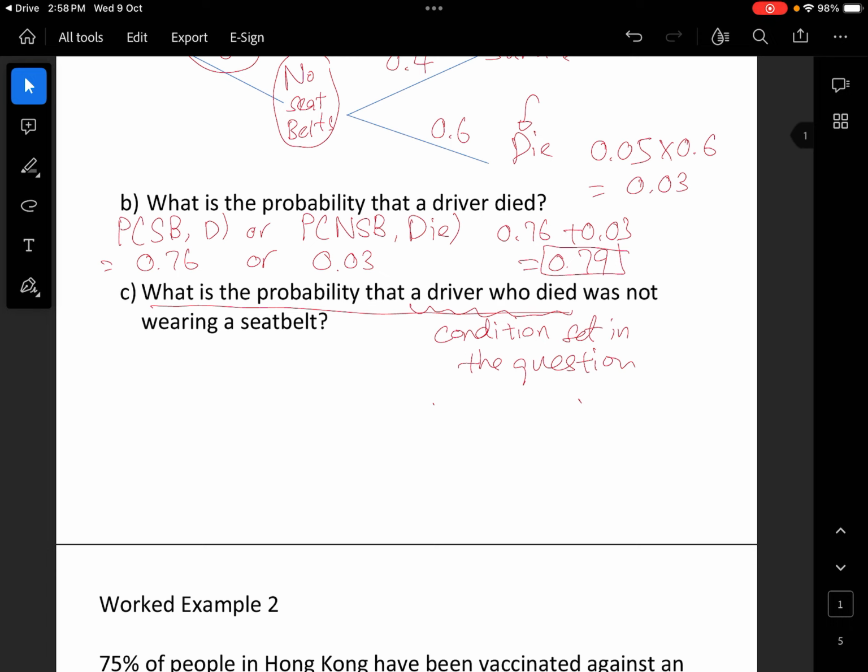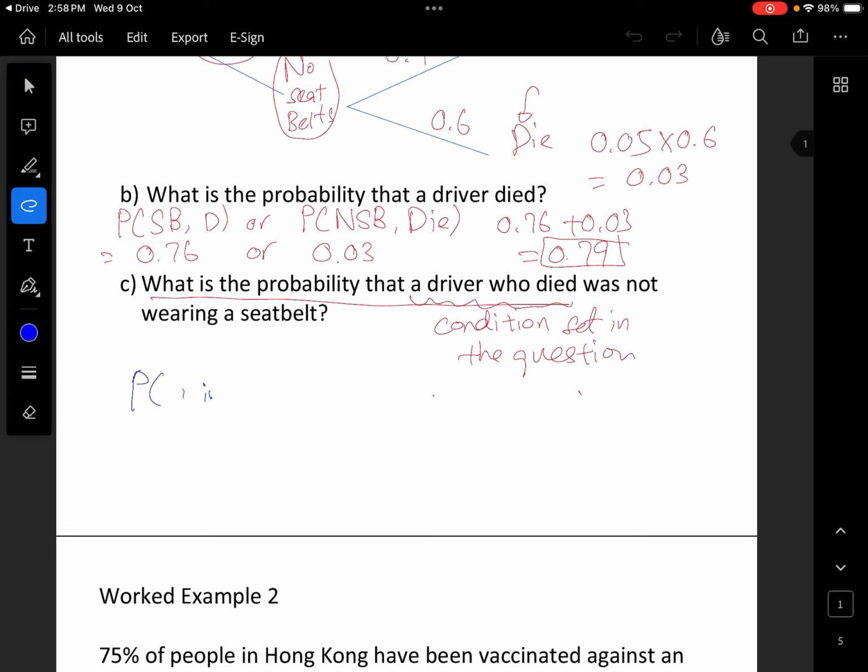What the question is basically saying is: what is the probability of a driver not wearing a seatbelt given that a driver died?